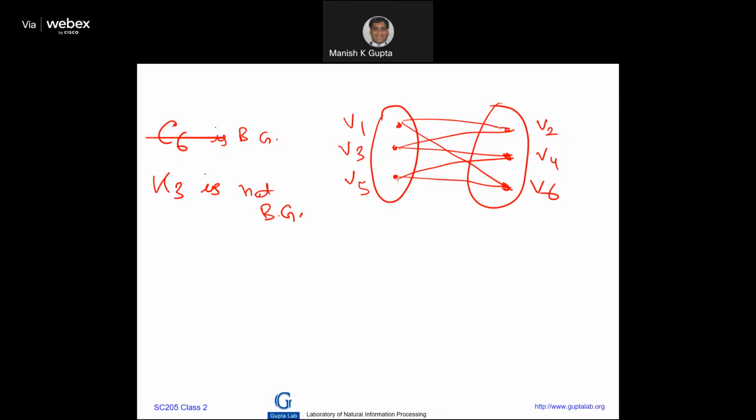Now, one interesting result which I would like to mention. It's a theorem.